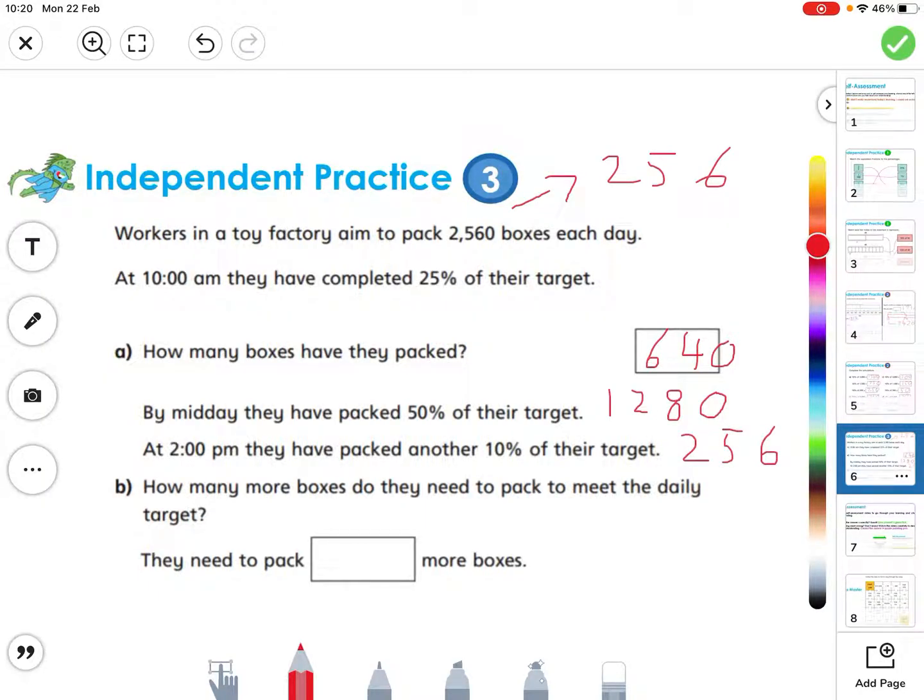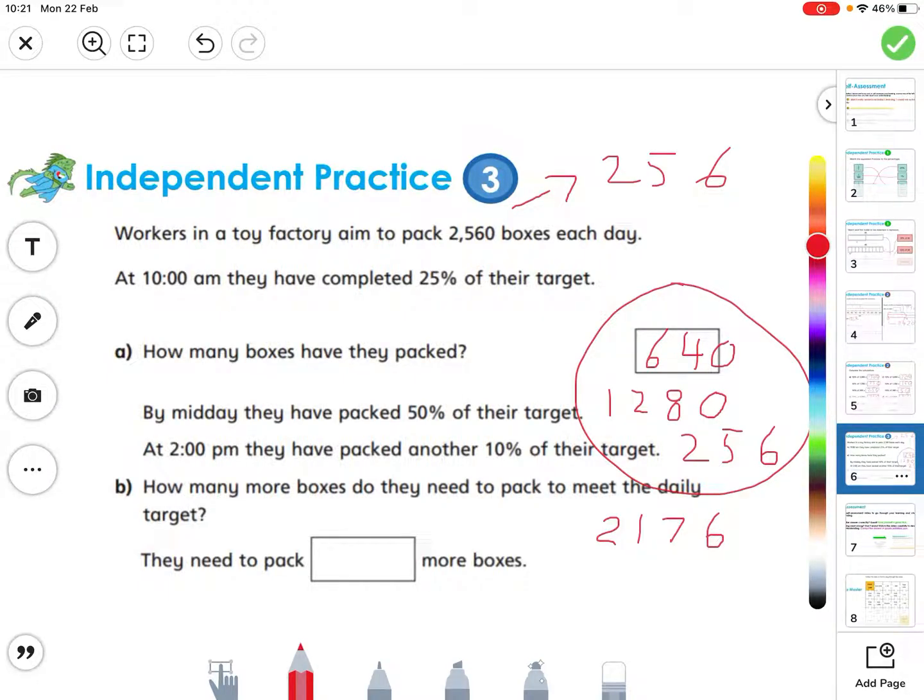How many more do they need to pack to meet their daily target? Okay, so I'm going to add all of these up first of all. So I'm going to add up 640 plus 1,280, then I'm going to add 256, which gives me 2,176.